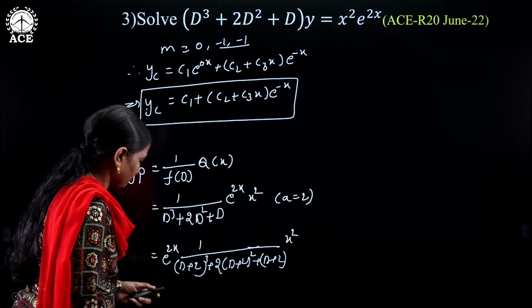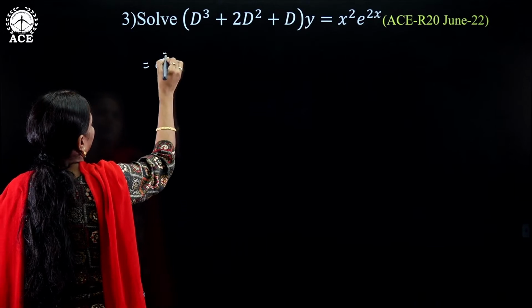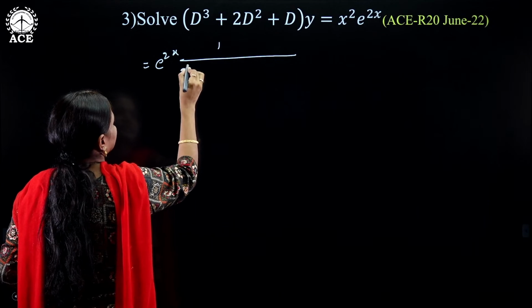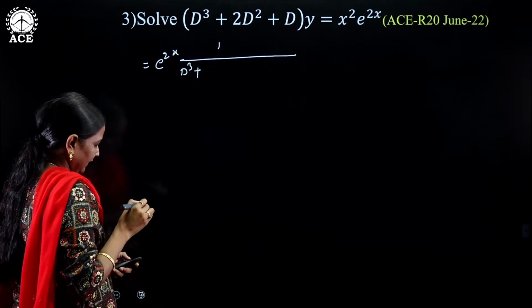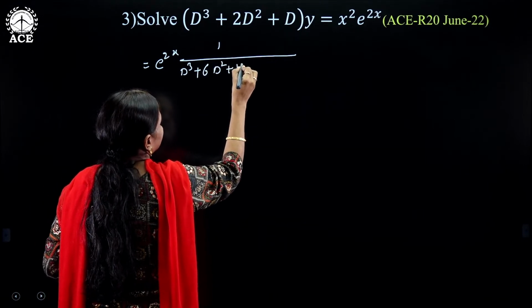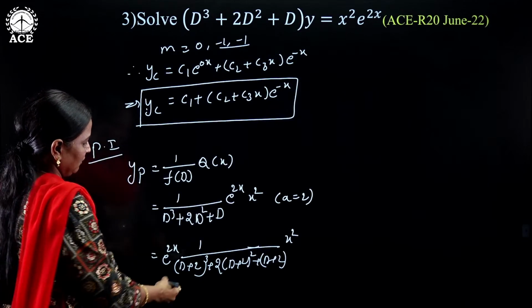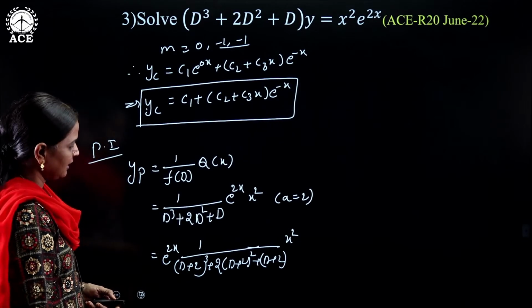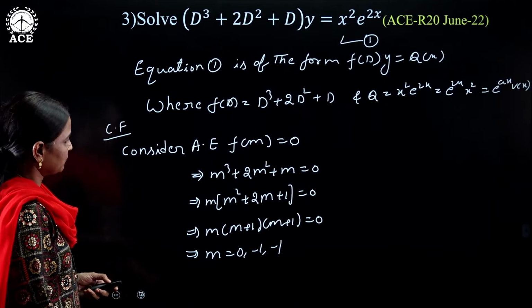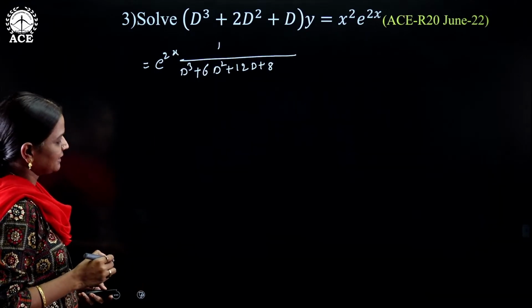So before going to apply the direct method, first operate this one. What is that simplification? (D+2) whole cube is e power 2x into 1 by (D+2) whole cube. If we expand this one, (a+b) whole cube is a cube plus 3a square b plus 3ab square plus b cube, which is D cube plus 6D square plus 12D plus 8.